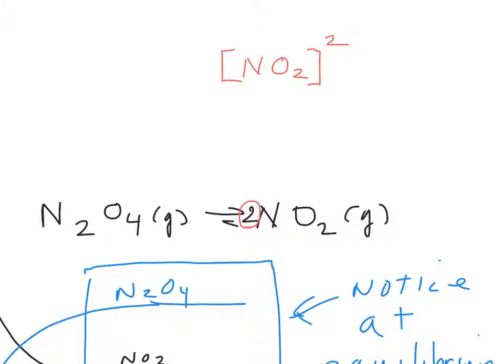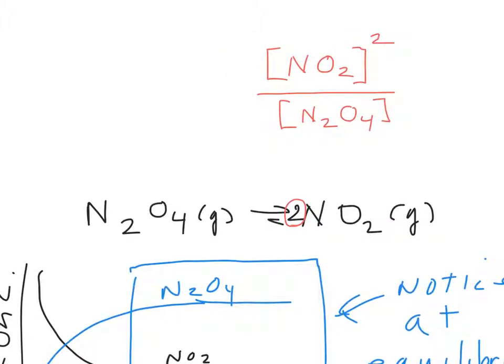Since we have 2 moles of nitrogen dioxide there, the ratio will wind up squaring it. And we divide it by the concentration of our reactant. Since the coefficient of our dinitrogen tetraoxide is 1, it's only to the 1 power. So the equilibrium constant is equal to the nitrogen dioxide squared divided by dinitrogen tetraoxide.